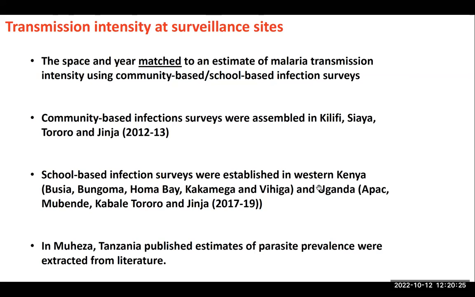And in Uganda, we also assembled school-based surveys data in Apache, Mubede, Kabale, Tororo, and Jinja. And for Tororo and Jinja was during the 2017 to 2019 surveillance period. However, we were unable to extract an estimate for Muheza, Tanzania, and therefore we used published estimates for parasite prevalence that were extracted from literature.